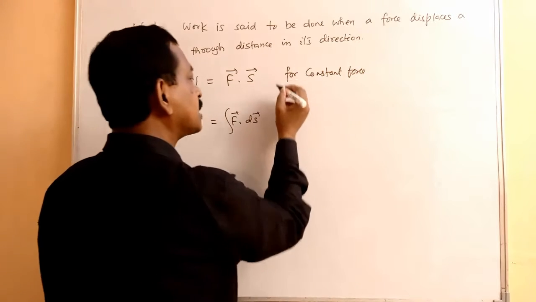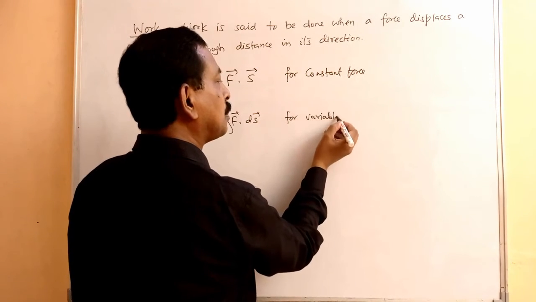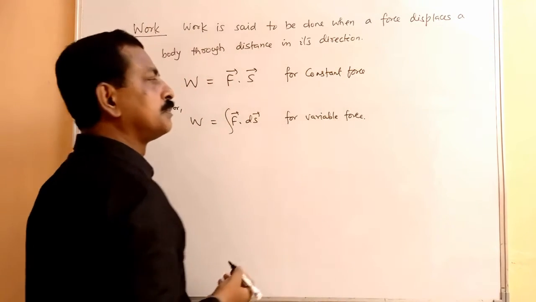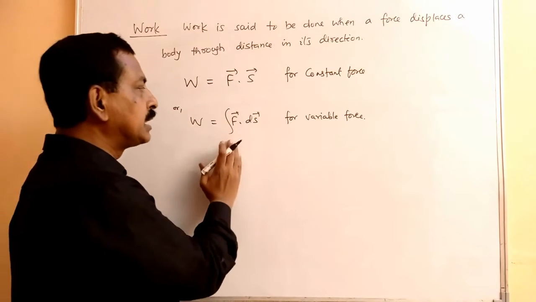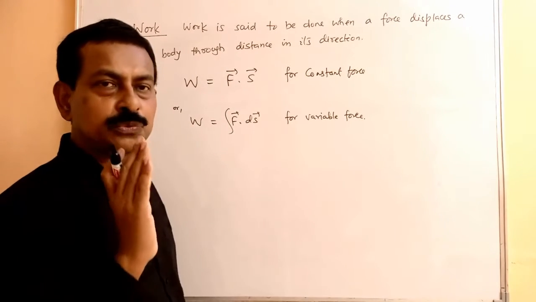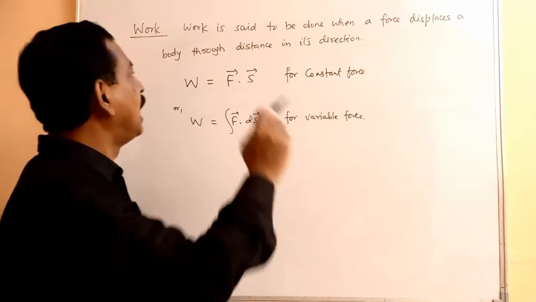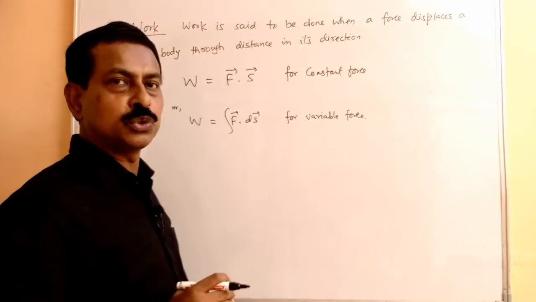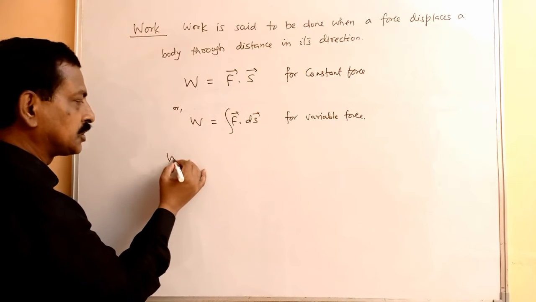So this is the expression for variable force. So W equals to integral F dot ds. This is the expression for work done when there is a variable force acting there, and W equals to Fs there for constant force.